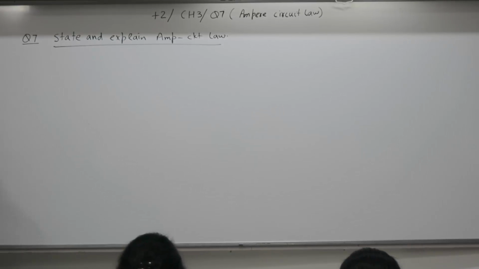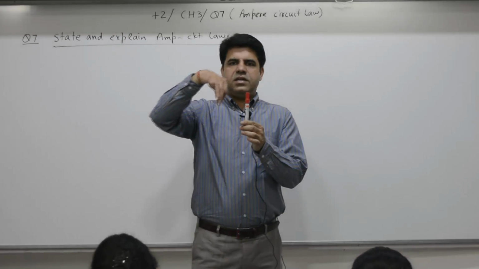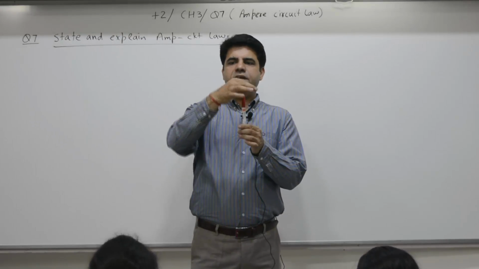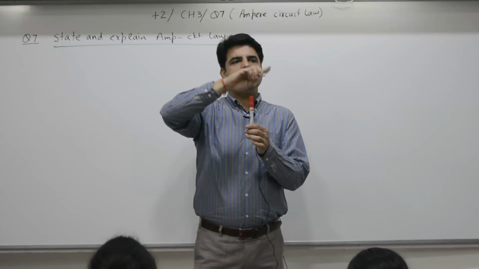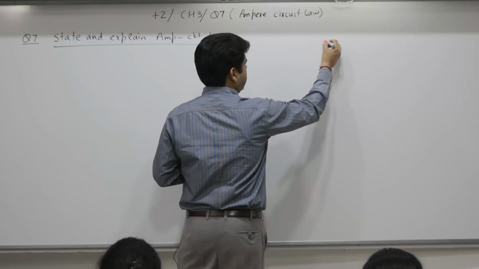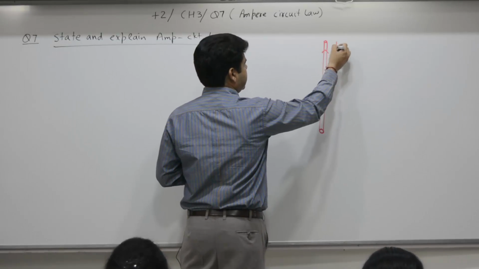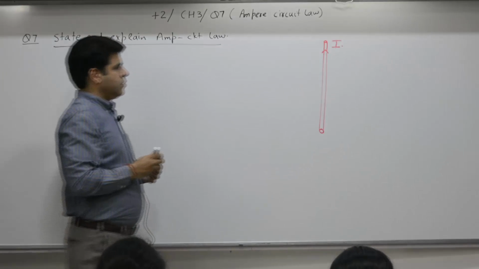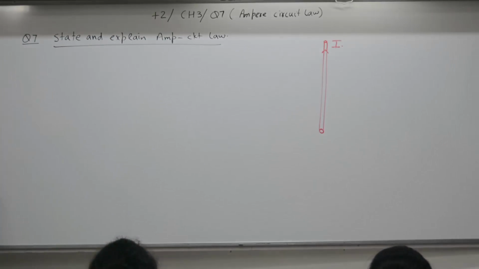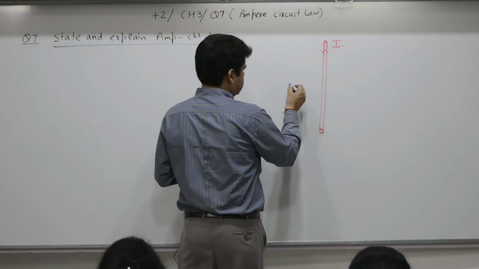It is a repetition of what you have done. There is a wire. Surrounding a wire, if there is a current carried, there is a magnetic flux surrounding the wire. So, you have a wire which carries current I, and surrounding this wire you have a magnetic flux.